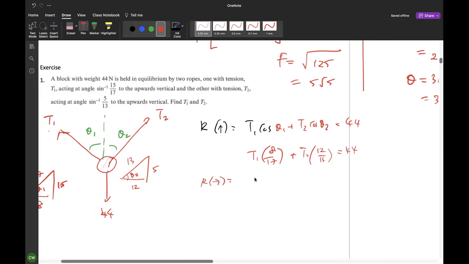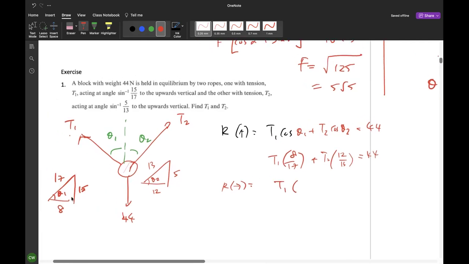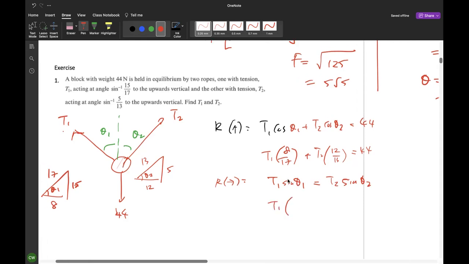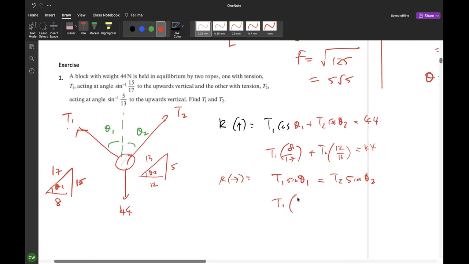Horizontally, we have T1 sine theta 1 balanced by T2 sine theta 2. Sine theta 1 is what? 15 over 17. Sine theta 2 is 5 over 13.